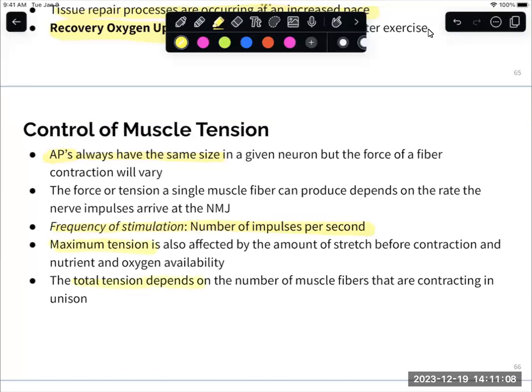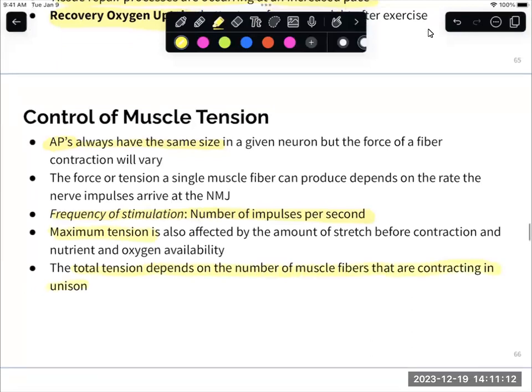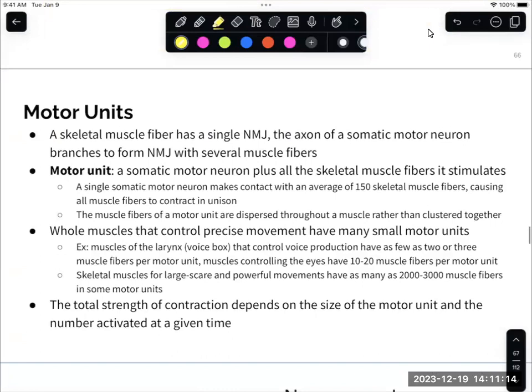The total tension is going to depend on the number of muscle fibers that are contracting in unison. So let's look at some of this. Motor units. All of our skeletal muscles are broken up into motor units. A motor unit is all of the muscle fibers that one neuron is going to make contact with.